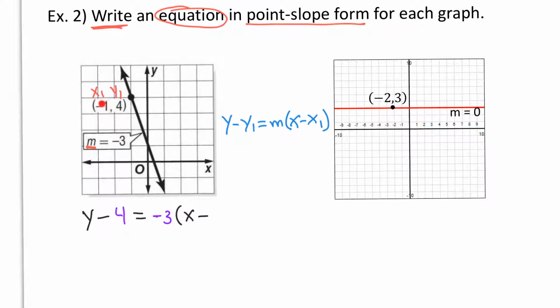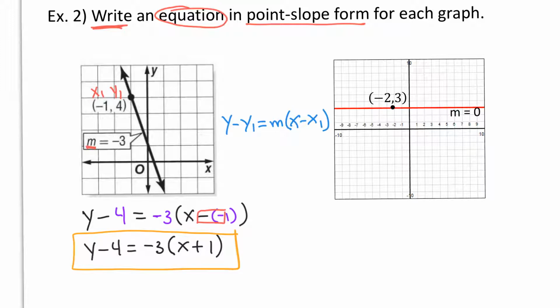Oh, it's negative 1, so I need parentheses because I'm going to have double negatives, so that's going to be negative 1 here. I need to simplify this double negative right there. Negative times a negative is a positive, so I have y minus 4 equals there's your negative 3 slope times the quantity of x plus 1. So my answer in point slope form is right there.